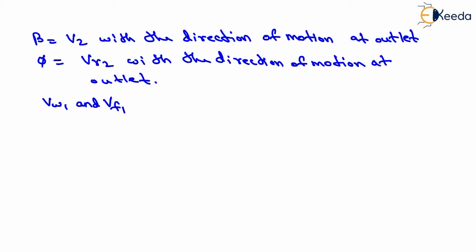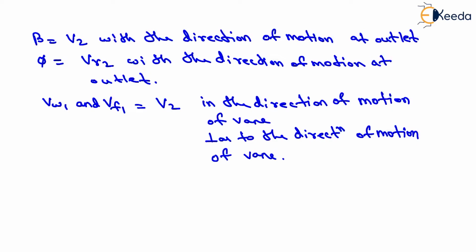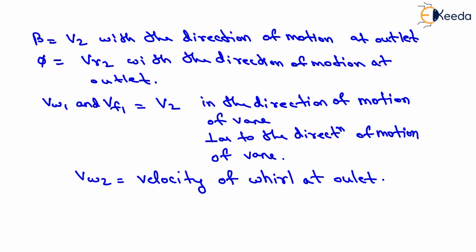Now Vw2 and Vf2 are known as components of the velocity V2 in the direction of motion of vane and perpendicular to the direction of motion of vane. Vw2 is known as velocity of whirl at outlet and Vf2 is known as velocity of flow at outlet.